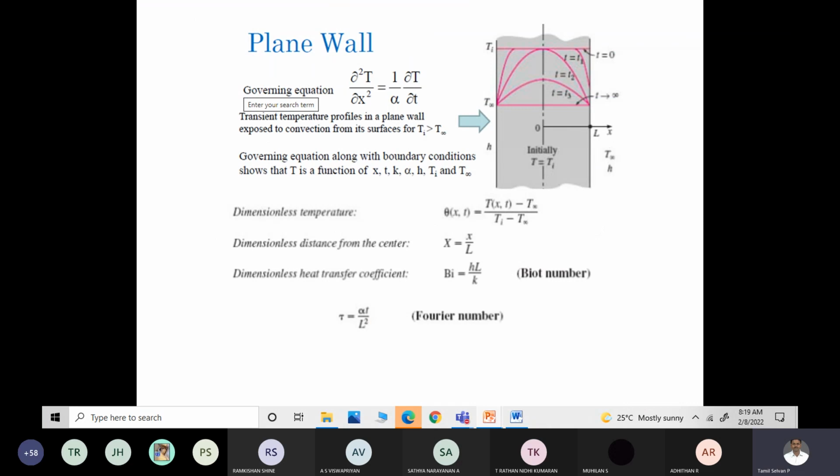An infinite solid is one which extends infinitely in the other two directions, especially the y-axis and z-axis, apart from the x-axis. We may take the partition wall in a centralized air conditioning system.